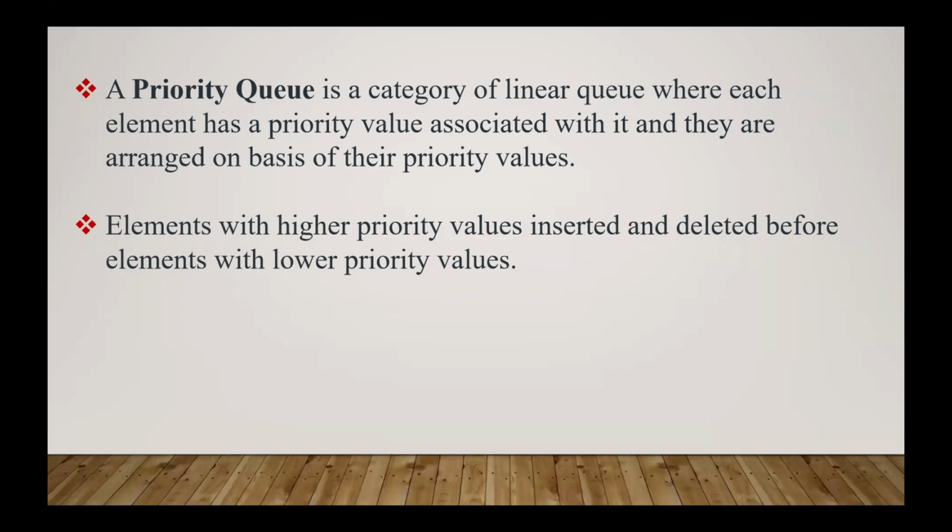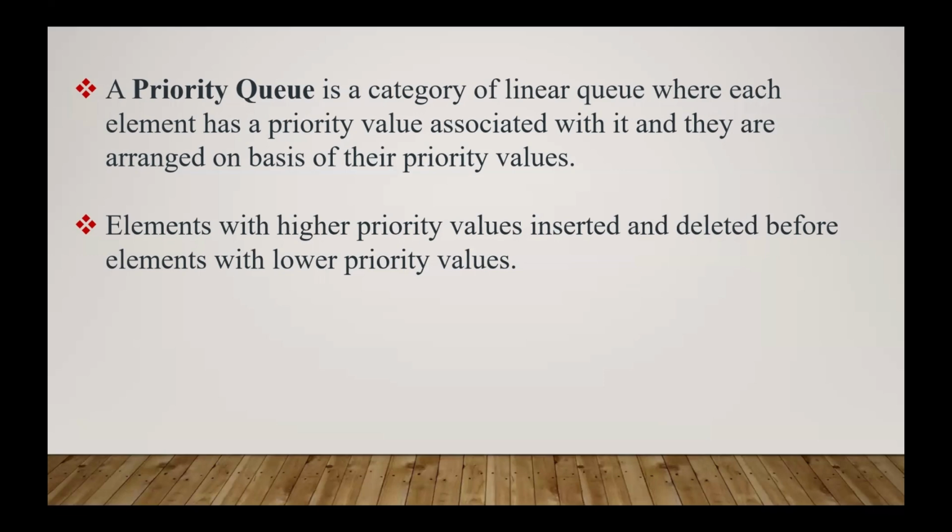Just think about a real case: when flight boarding is going on, the crew members announce that all the people have to be in a proper queue, but they add one more statement that senior citizens and women carrying babies should come first. Come first means they have the high priority value.